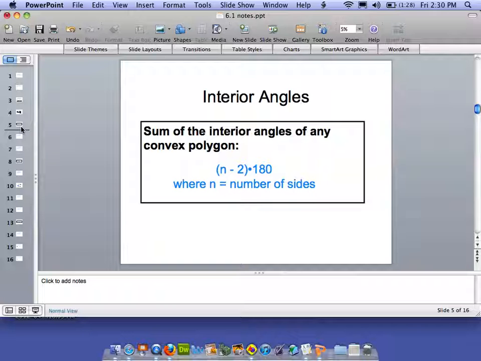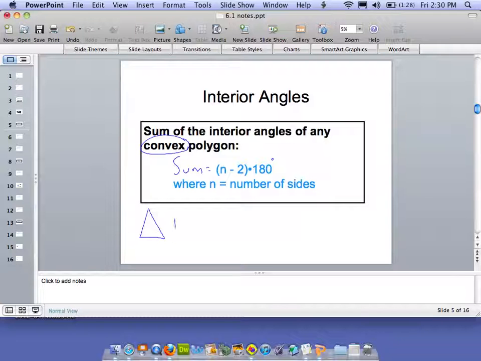To find the sum of the interior angles of any convex polygon, we have a formula. And the formula says that the sum of those interior angles is equal to n minus 2 times 180 degrees, where n is the number of sides. Now, first let's go back and remind ourselves what convex is.